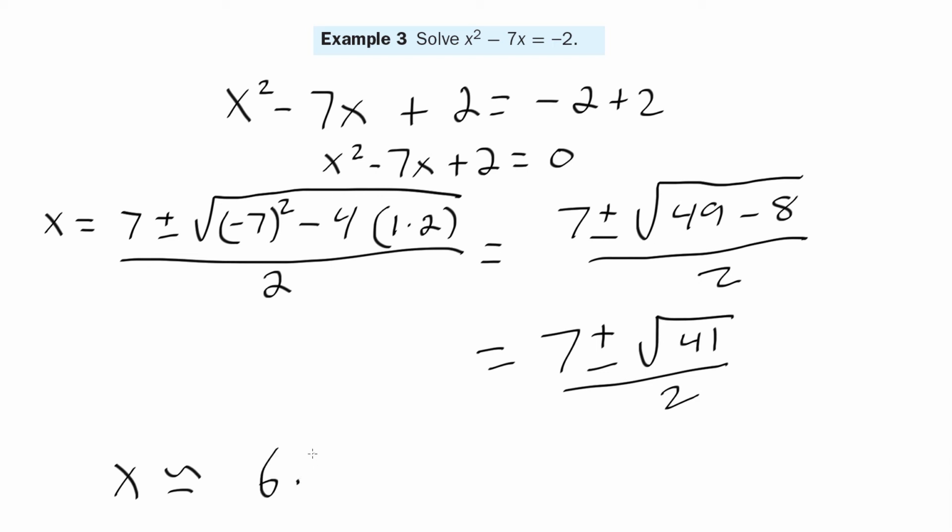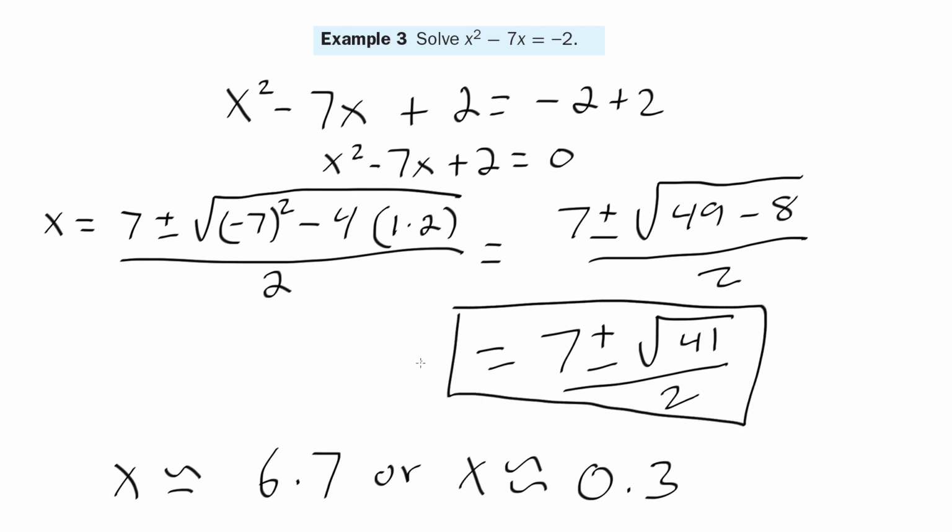And x is approximately equal to 0.3. So we have our exact answer here, x is equal to 7 plus or minus the square root of 41 divided by 2, or we get the approximation of the square root of 41, which is about 6.4, and we add and subtract that to get 6.7 or 0.3. That's it for the quadratic formula.